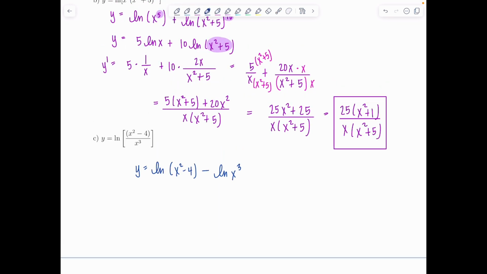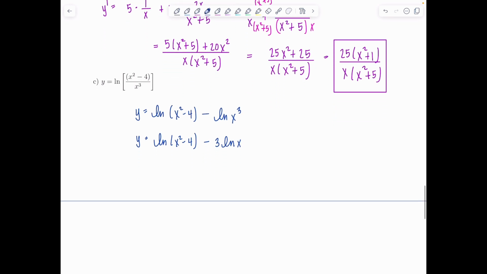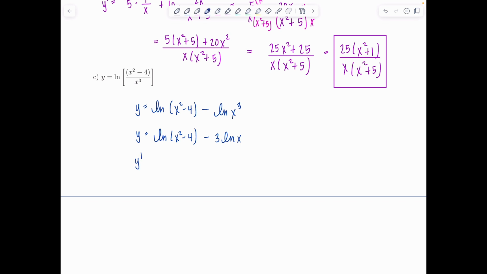So let me just leave that first term alone, but I will bring down the 3 here, so minus 3 ln of x, okay? So now let's go ahead and take the derivative. So y prime is going to be, the derivative of ln something is 1 over the something, and then by the chain rule, the derivative of the something goes in the numerator, minus, and then 3 just comes along for the ride.